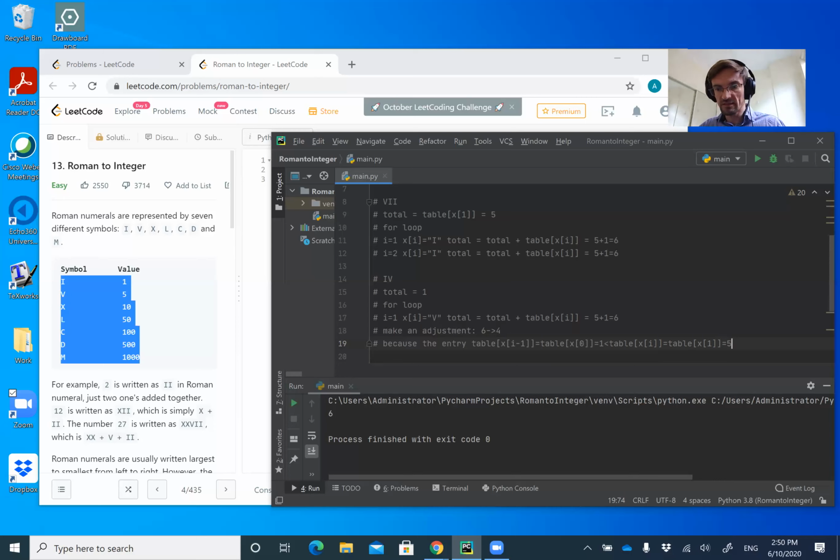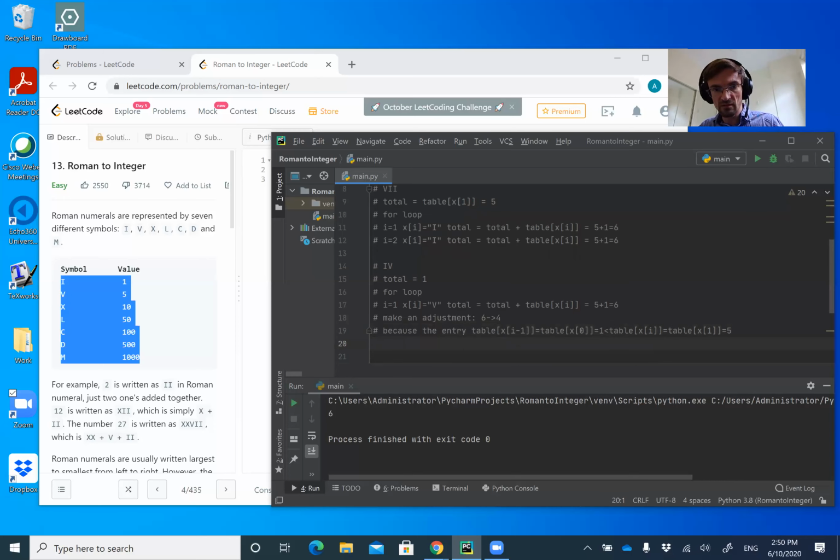And if that's the case, then we simply have to adjust. The adjustment is that really we should not have added the 1, but subtracted it.